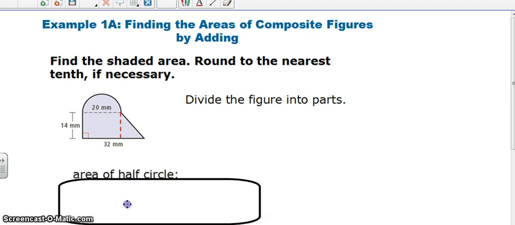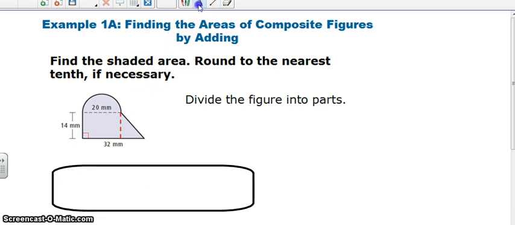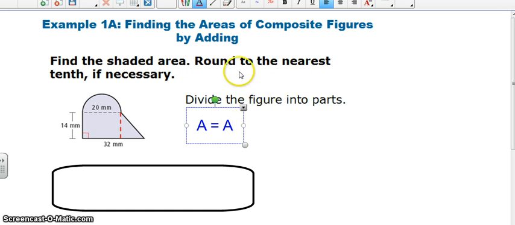So we make a plan. I like making the big plan. You know how that is from 7th grade. And the big plan here would be, area total would equal the area of the trapezoid. I don't know if I can find a subscript here.